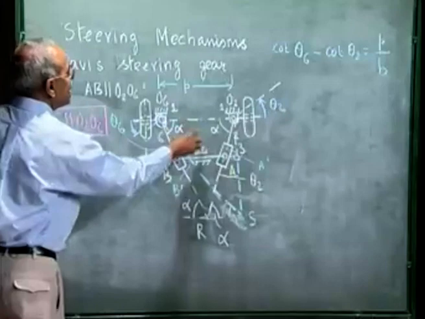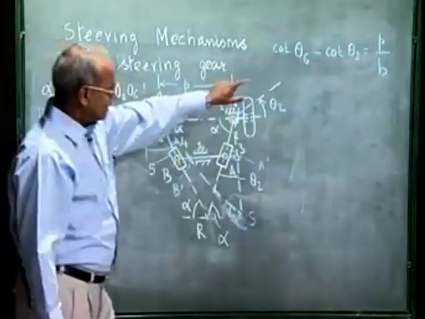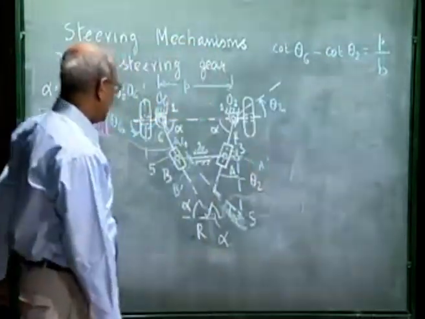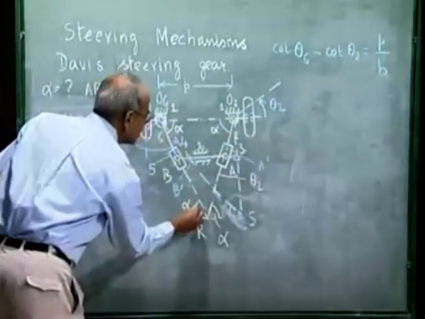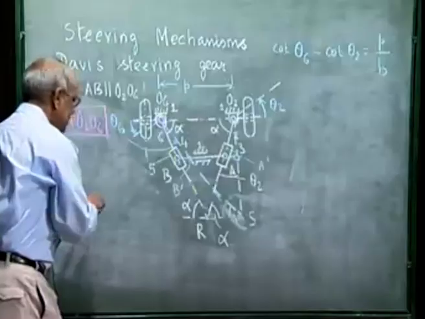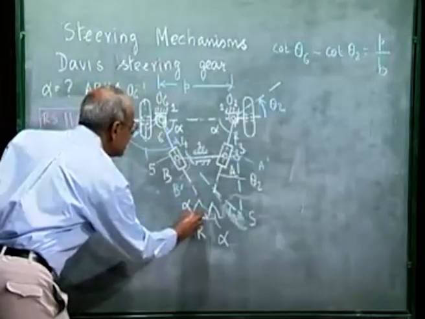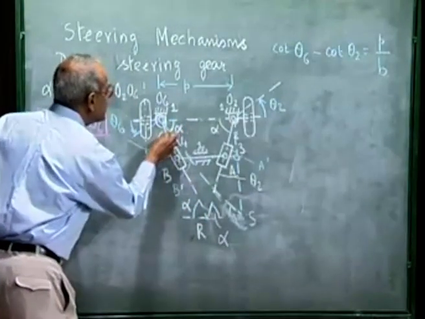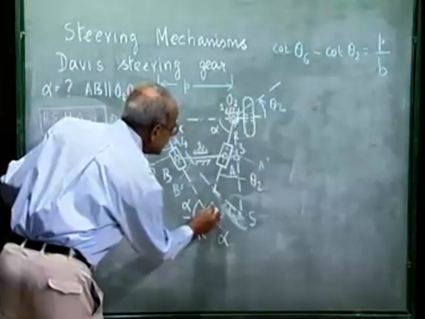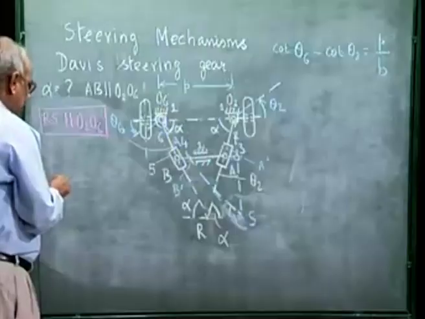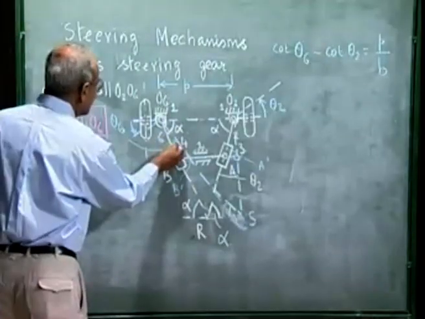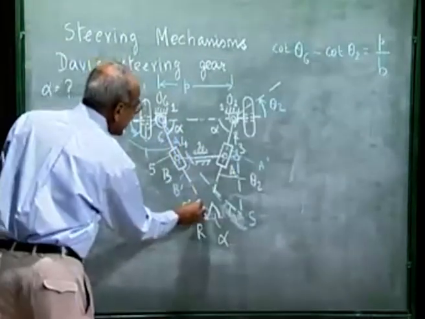To determine the required value of alpha such that this steering condition is fulfilled, let us note that because RS is parallel to O2O6, this angle is also alpha. Similarly, this angle is also alpha. Now, this is the angle theta 6. This is the angle alpha.